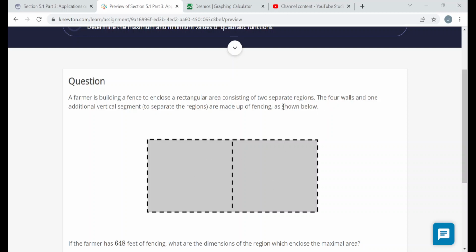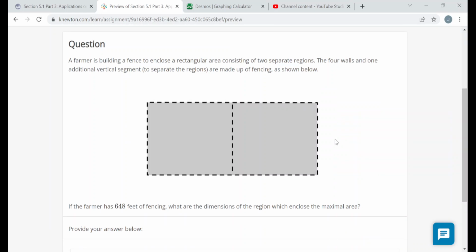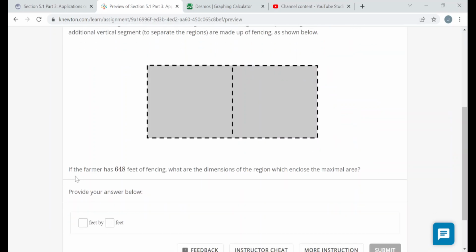The 4 walls and 1 additional vertical segment to separate the regions are made up of fencing, as shown below. If the farmer has 648 feet of fencing, so all these dotted lines here, even the one in the middle, add up to 648.